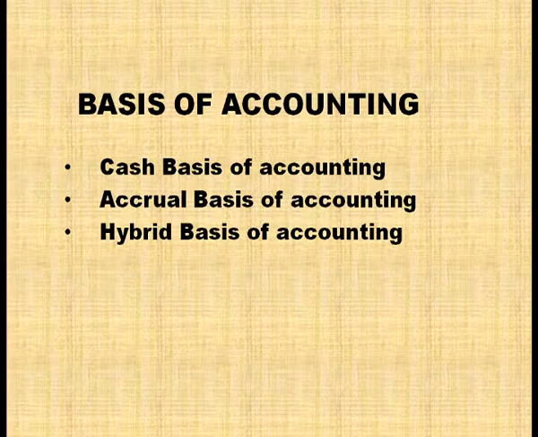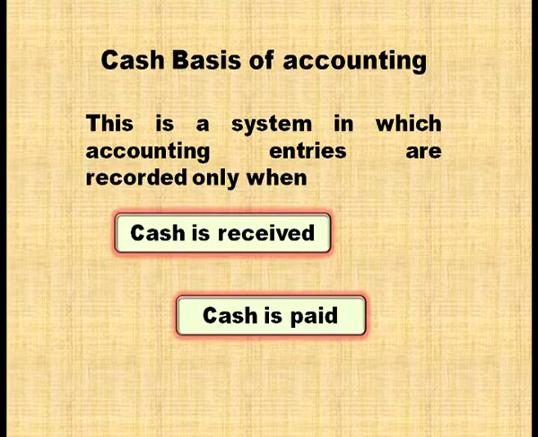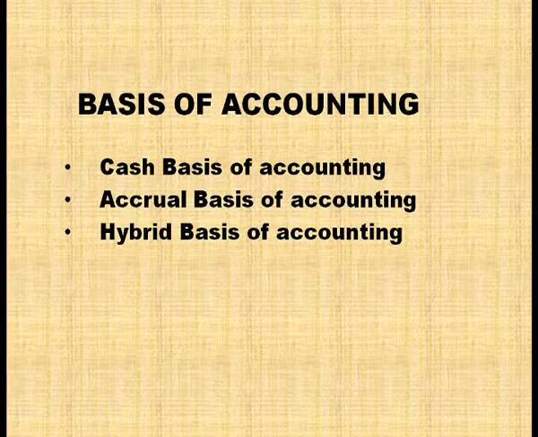We can have a look at basis of accounting. We have cash basis of accounting, accrual basis of accounting and hybrid basis of accounting. Cash basis of accounting is a system in which accounting entries are recorded only when cash is received or cash is paid.